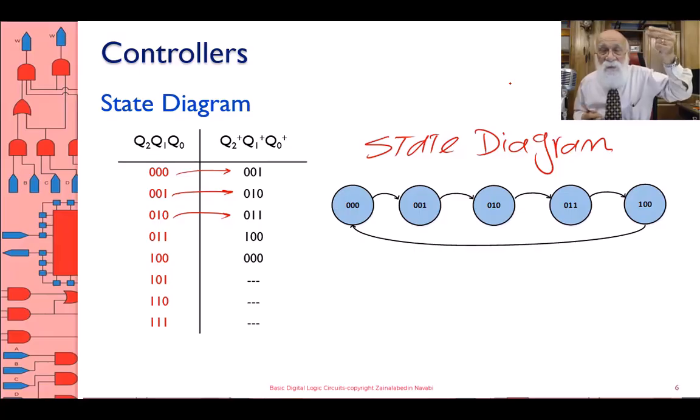This state diagram becomes the interface for me to design controllers. And controllers are finite state machines. Therefore, the state diagram is the first step in the design of these controllers.